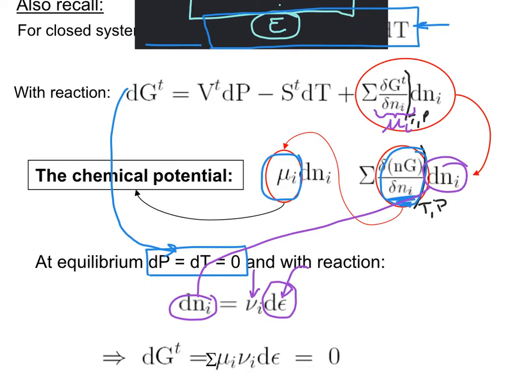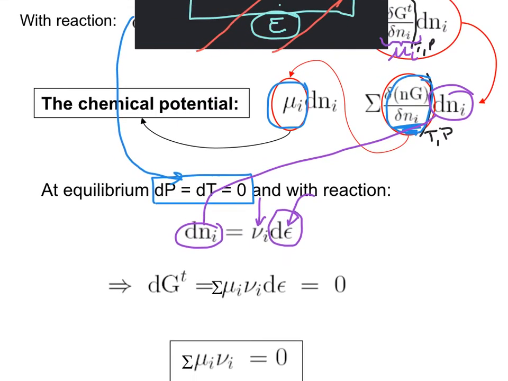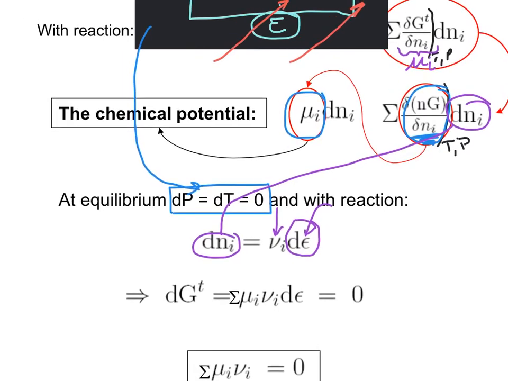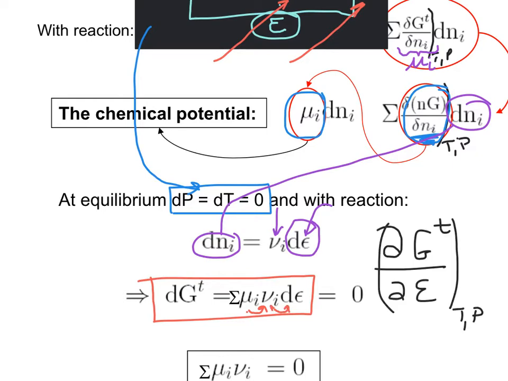So, with no change in pressure and no change in temperature, our total change in Gibbs free energy for that part of the path, with all our substitutions, can be expressed as the sum of the chemical potential of each component multiplied by its stoichiometric number multiplied by the differential change in the reaction coordinate.